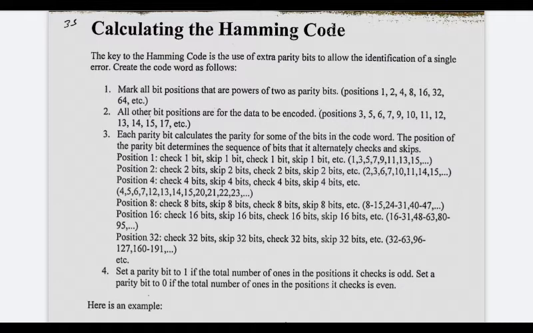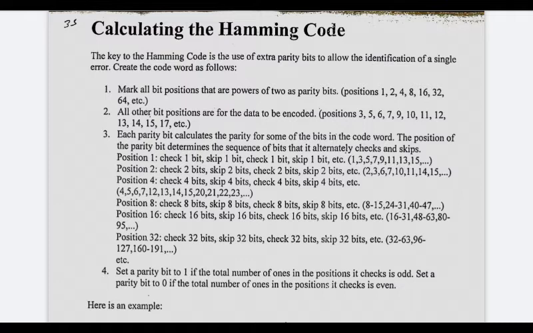You have to check these particular positions and count how many ones there are, whether you have an even number of ones or an odd number of ones. The rule says to set the parity bit to 1 if the total number of ones in the positions it checks is odd. For example, for position 1 you check the positions starting from position 1, skipping 1, then 3, 5, 7, all these positions.